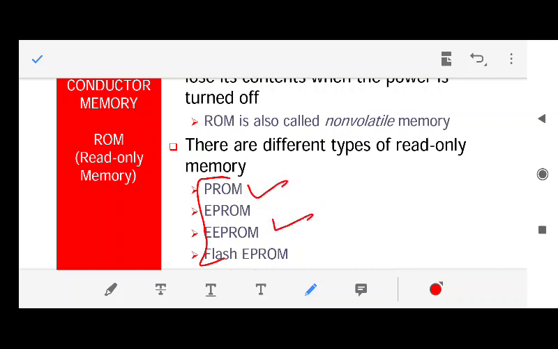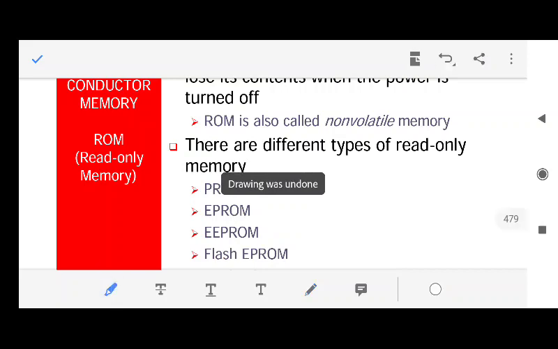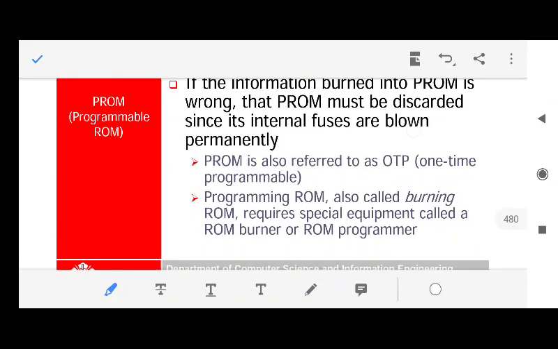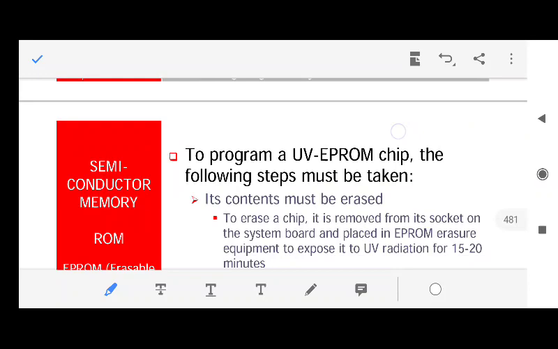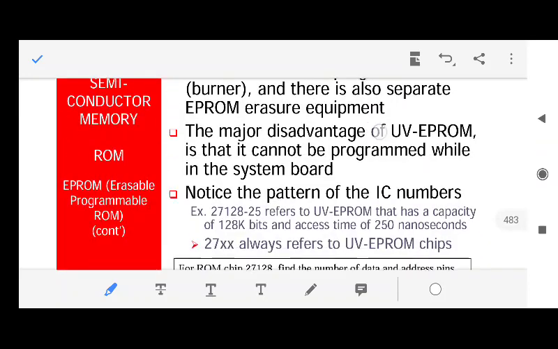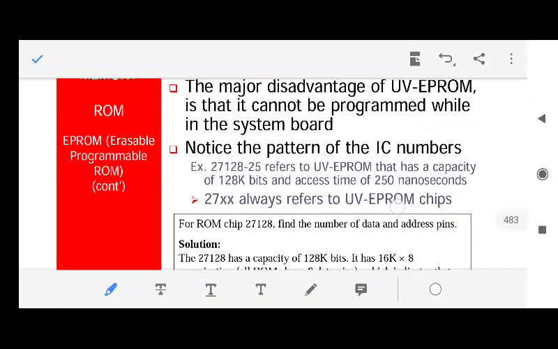You have the same steps. So we will focus on the steps of how to interface, rather than understanding the different types of memory, because this is not covered in your syllabus. So you can read all these things, what the different types of ROM are which are available in the market. Fine. It is not in your syllabus, but you can study it.